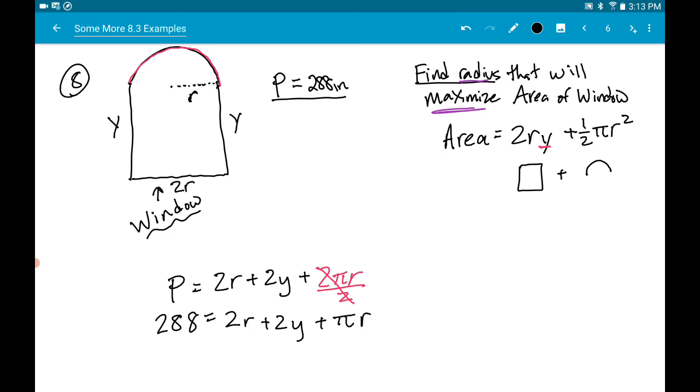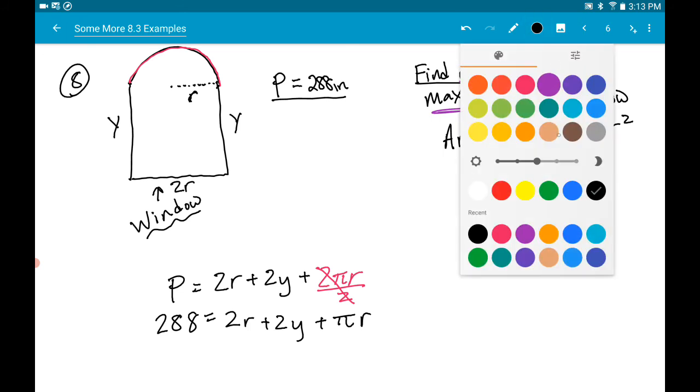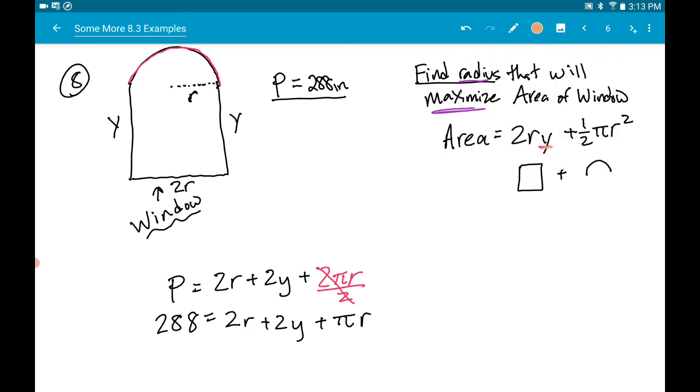All right. Remember over here, I wanted to solve for y. This is what I need to fix. So I could use 288 minus 2r minus pi r. That's going to be equal to 2y, so I move that stuff over, and divide by 2.